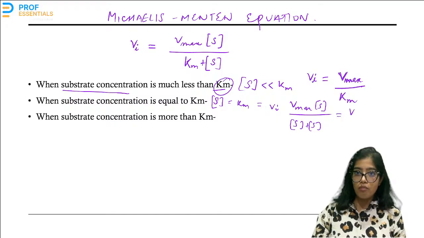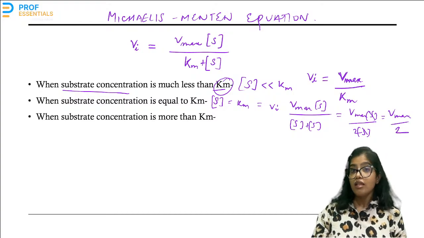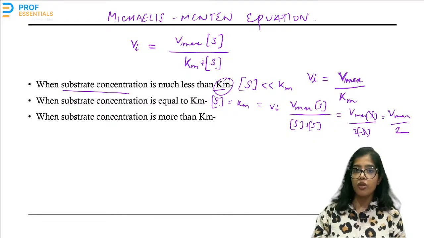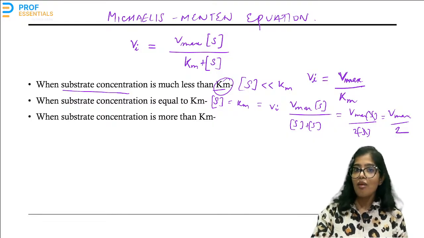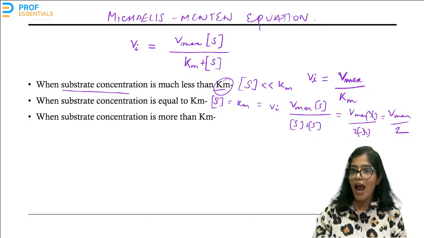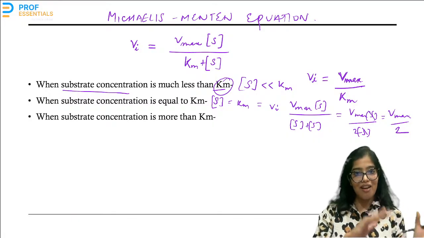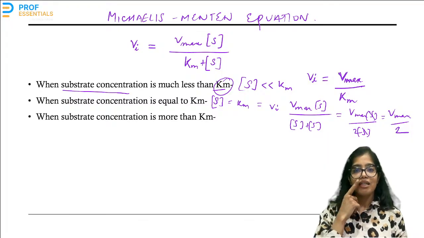It will be Vmax S upon 2S. You cut it, it will be Vmax by 2. When the substrate concentration is equal to Km, the velocity is Vmax by 2. What is this? Km is the substrate concentration at which the velocity is Vmax by 2. So the graphical thing is represented mathematically here.